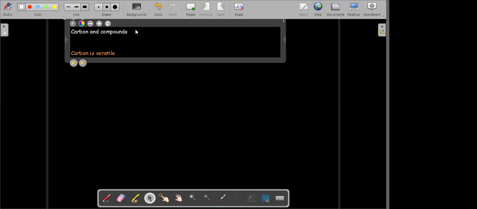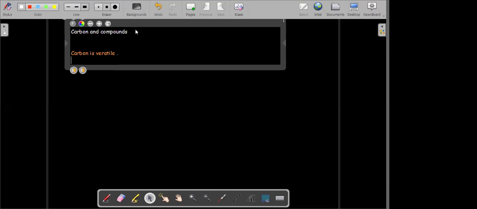Then the second property of carbon which we are interested in is its catenation. Out of all the elements, carbon is the only element which can show catenation. Catenation is the ability to form long chain bonds with itself.